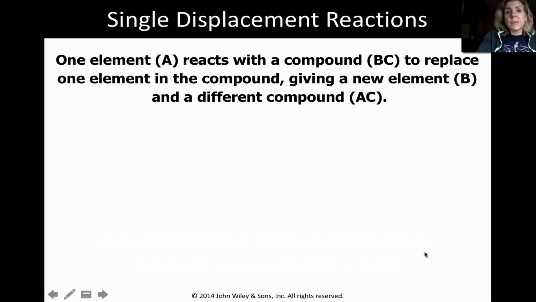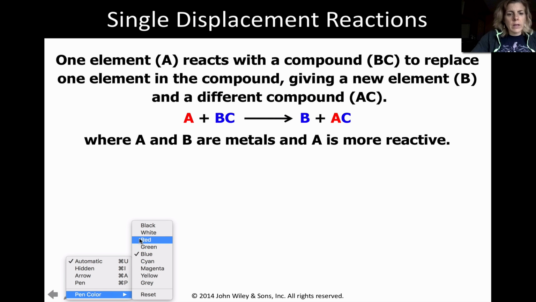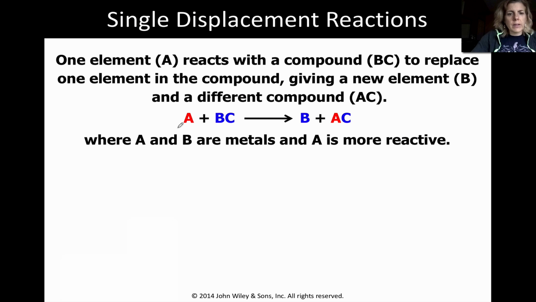All right, the next type is single displacement. I kind of associate it with a dance. Here we have 1 reactant, and in the reactant it's always by itself, okay? That's usually a good rule of thumb with reactants. It's combining with a second reactant, and that reactant that's by itself will switch with another metal.